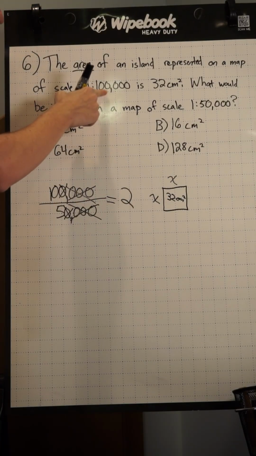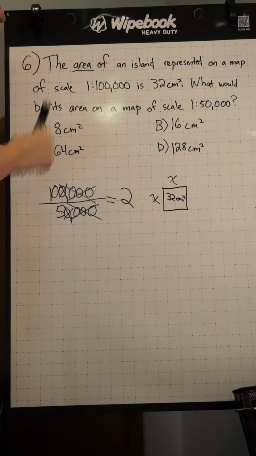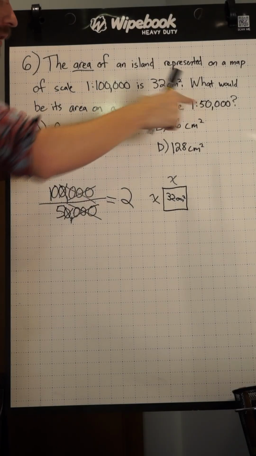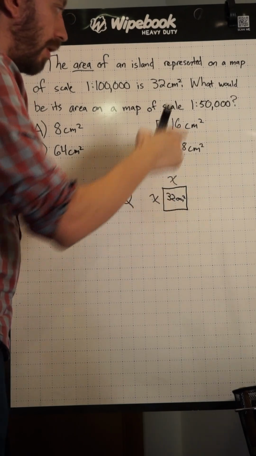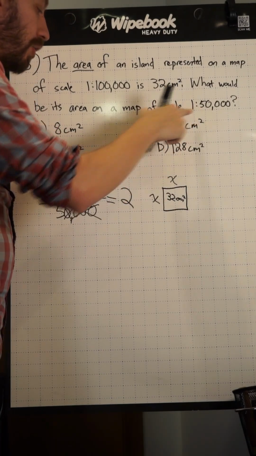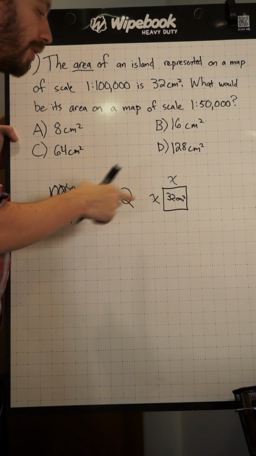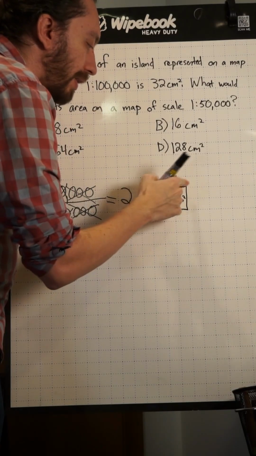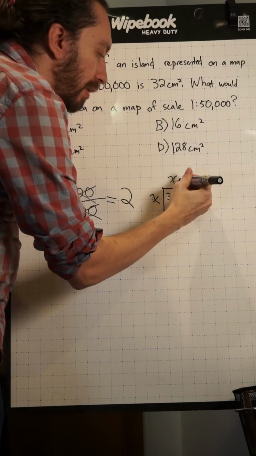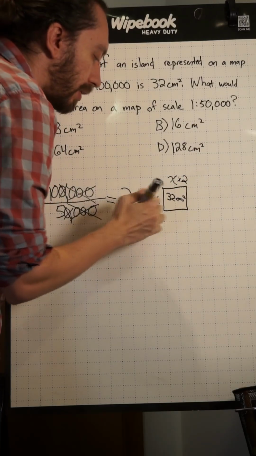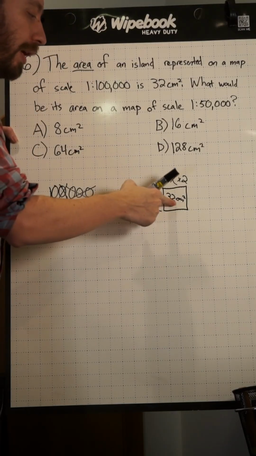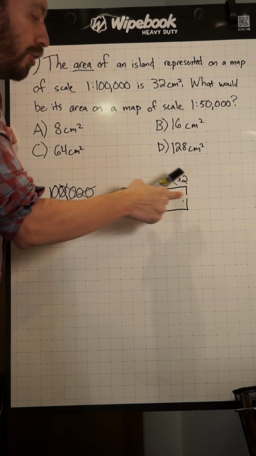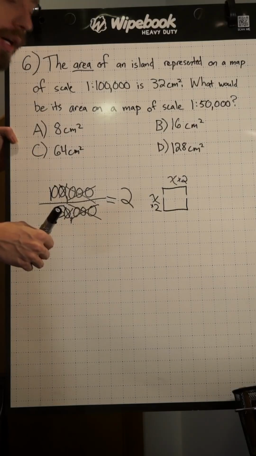That is what it looks like on the first map. On the second map, we're going to have some area. We already know it's a factor of 2. So what this means is one side times 2 times the other side that is also times 2. That will give us our new area, and that is what we want to find.